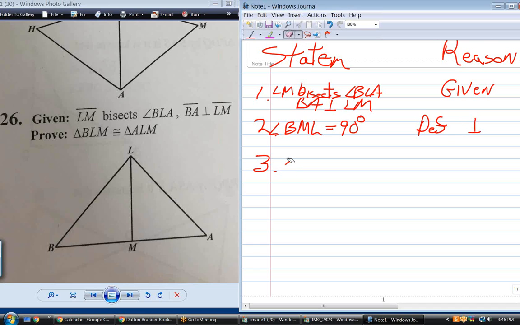So we don't need a statement 3. We can just say angle LMA is also equal to 90 degrees and use the theorem regarding perpendicular lines. You know which theorem I'm talking about, don't you? Yeah, I think that's just called the right angle theorem. Oh, good. Right angle theorem.